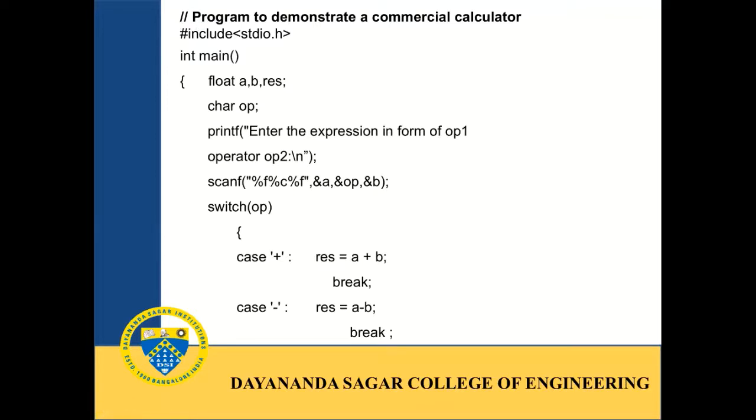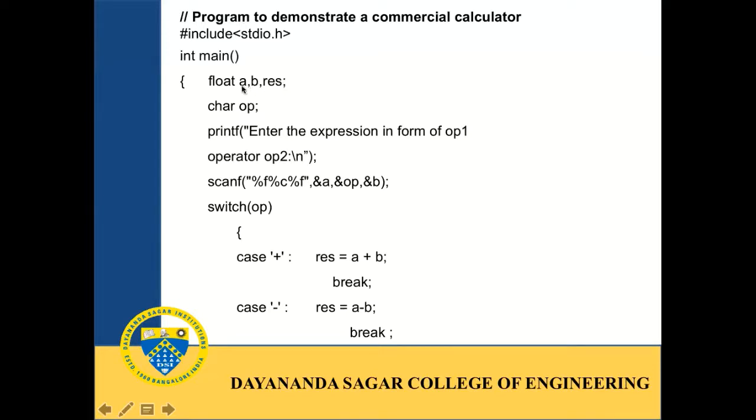Then we have a header file that is stdio.h, and we need to include the preprocessor directive at the beginning of the C program. That's what the structure of C program also tells you. Then in the main function, the first part that we write is the declaration part, and all those variables that we declare here inside the function are the local variables.